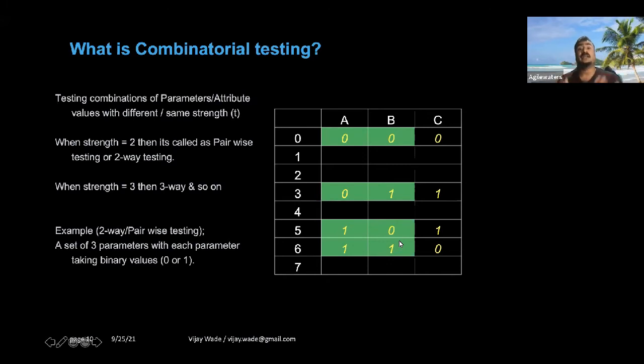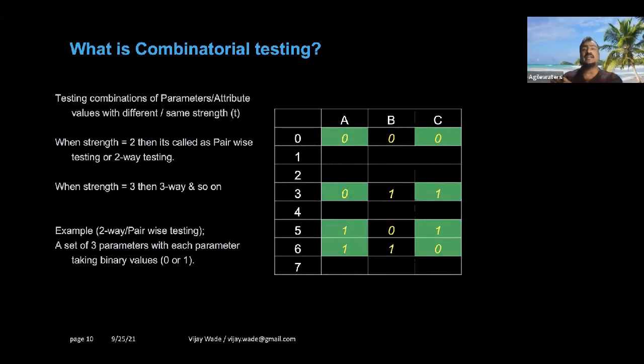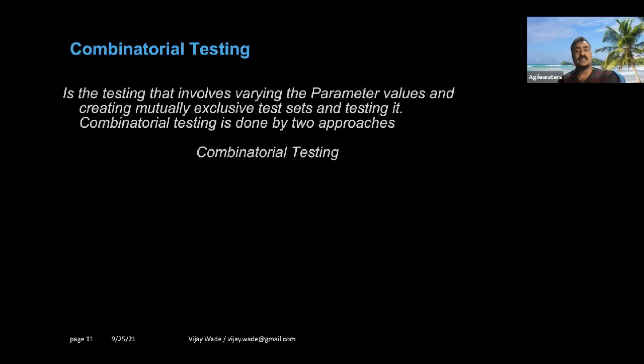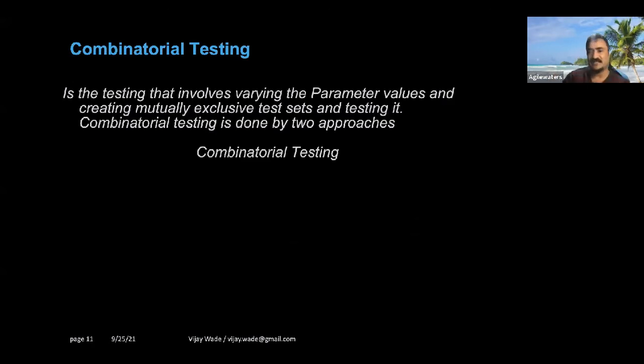So these are the different combinations that are happening. If you just take B and C, you will see the same combinations occur. If you take only A and C, these combinations will occur. So there are 4 different combinations occurring again and again. This is a very basic study that we need to understand.